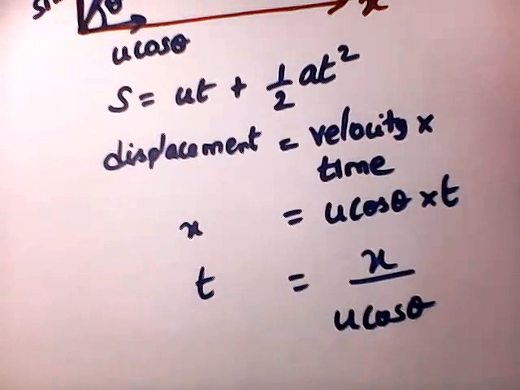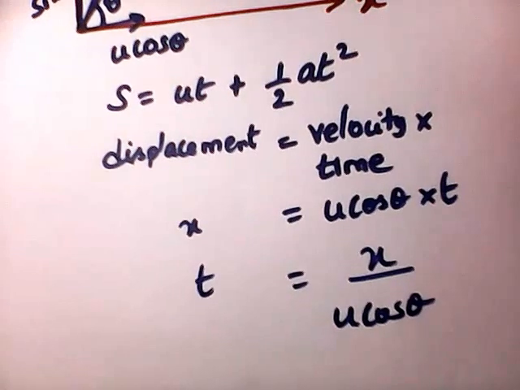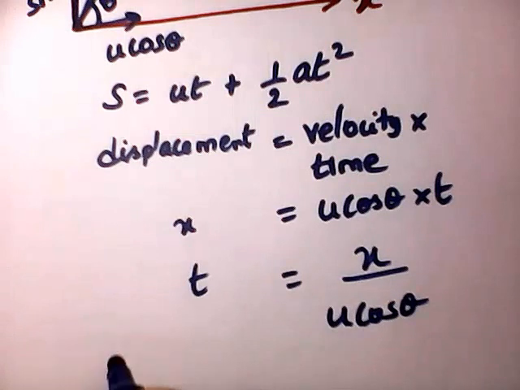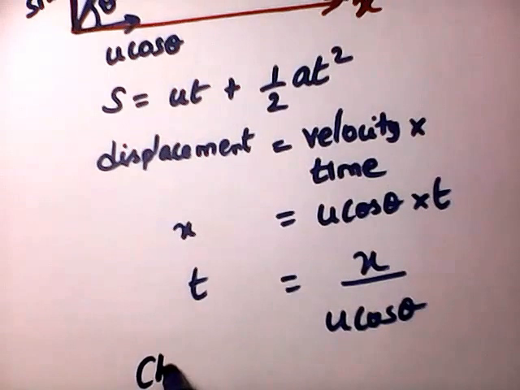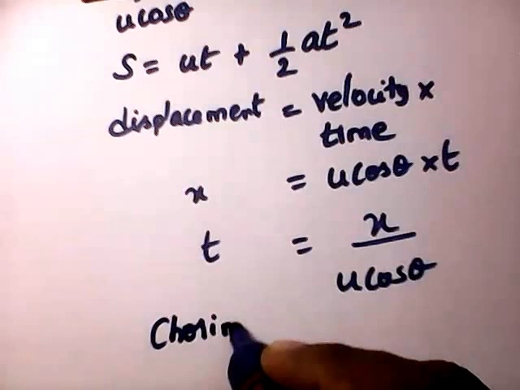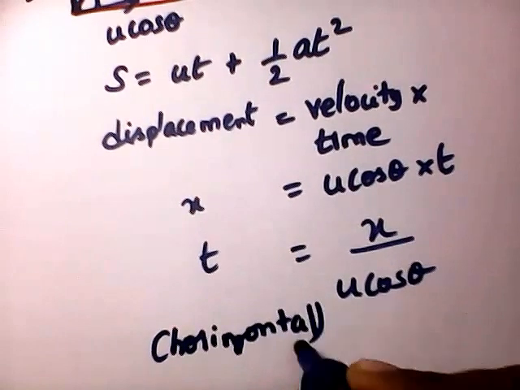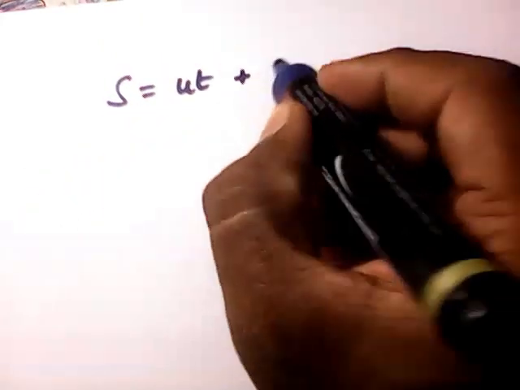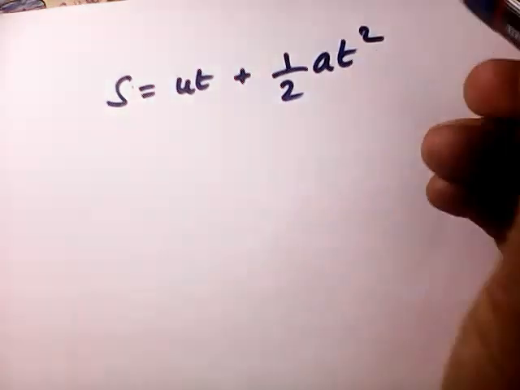Now we are going to see the vertical displacement. Here the time is meant for horizontal displacement. Now we know the general equation S is equal to ut plus half at square.